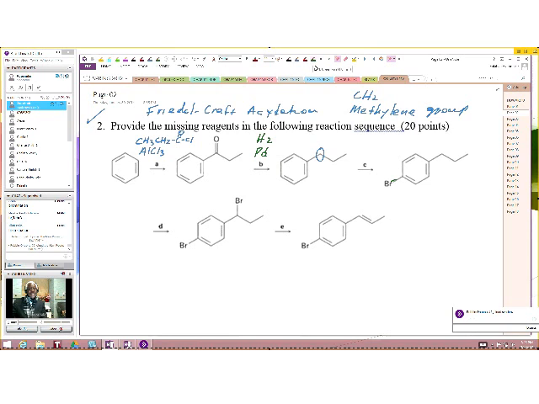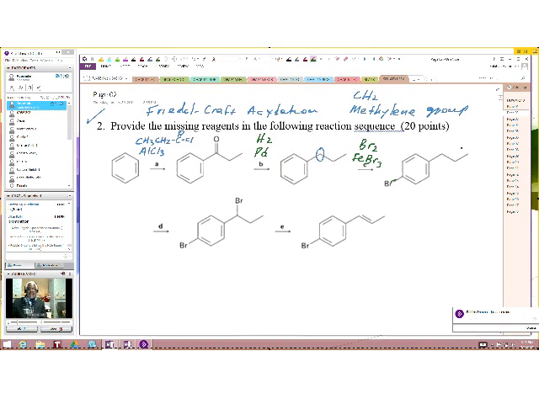And to do bromination, what reagent do you need? You already gave it to us. You say bromine in the presence of iron(III) bromide. This is the reagent you need for bromination.